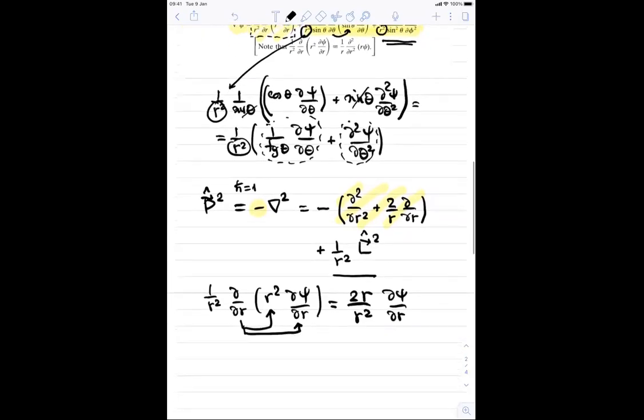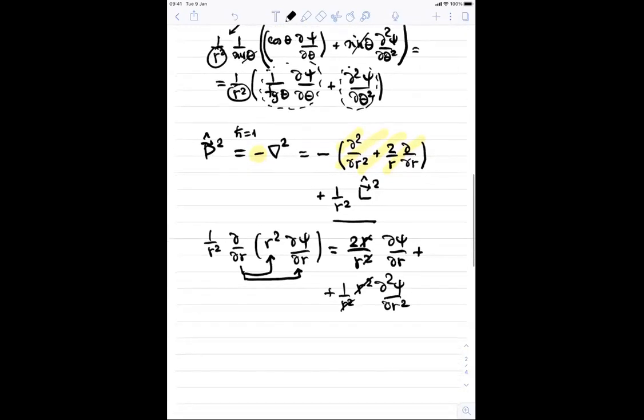The second term gives me plus 1 over r square, the second derivative with respect to r twice. Now you see that here I get 2 over r, and here I get just 1. So collecting the two things together, this is totally identical to second derivative with respect to r plus 2 over r applied to the psi, which is the way I have written it here.